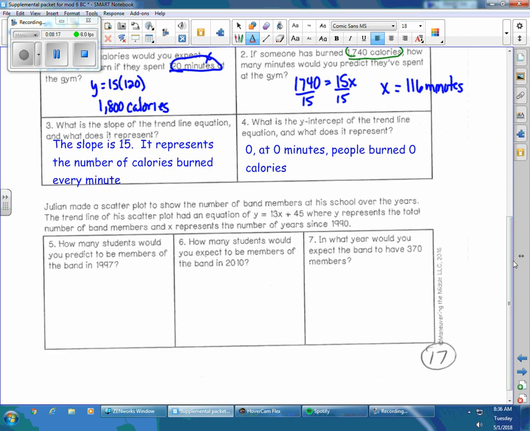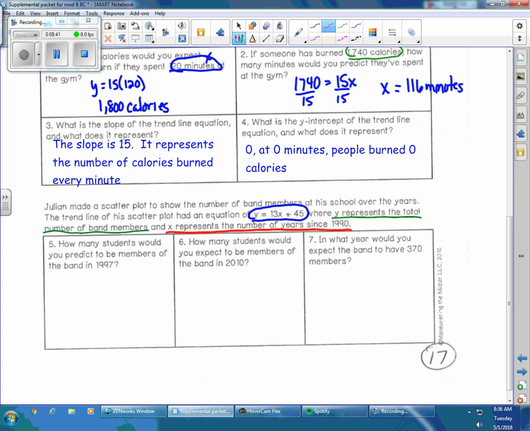Julian made a scatter plot to show the number of band members at his school over the years. The trend line of this scatter plot had an equation of y equals 13x plus 45, where y represents the total number of band members and x represents the number of years since 1990. So how many students would you predict to be members of the band in 1997?